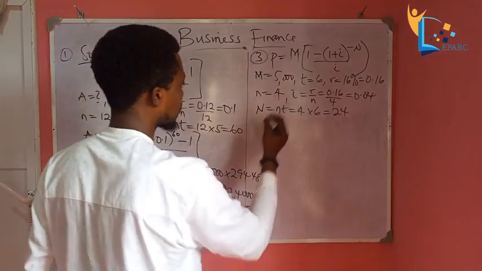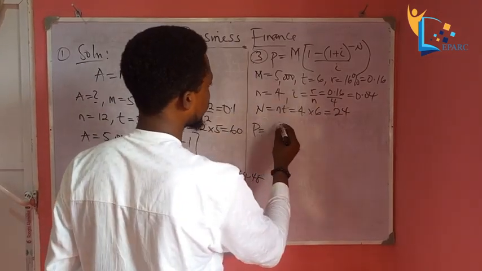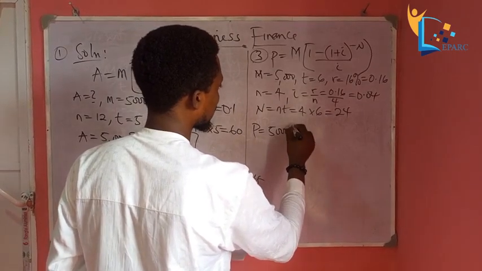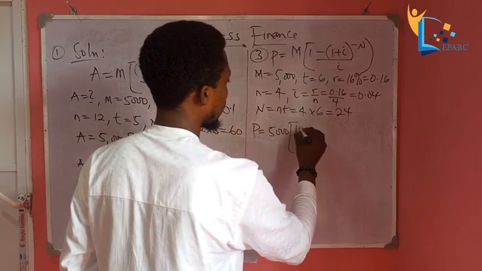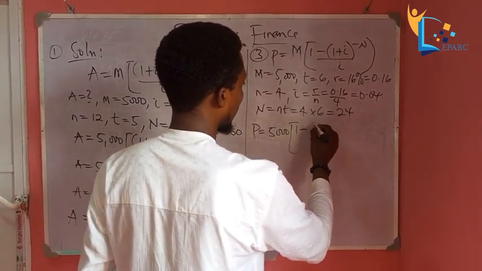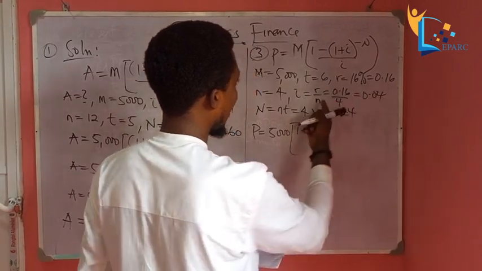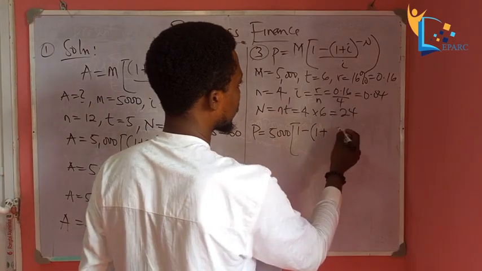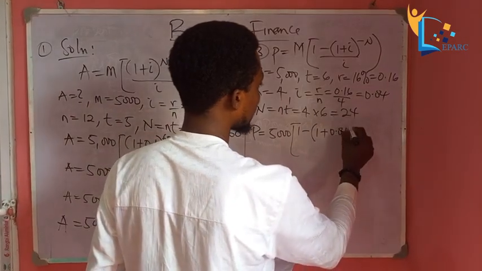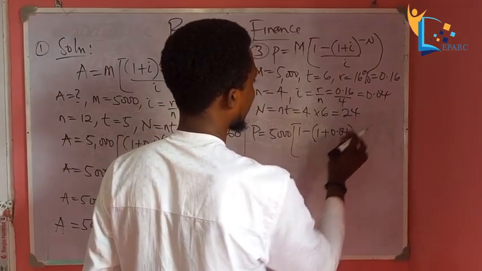Okay? So now let's substitute. We have P equal to 5,000, open brackets, 1 minus, open bracket, 1 plus I. Where is our I? 0.04, okay?